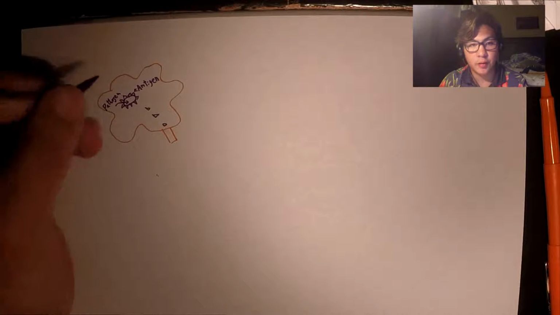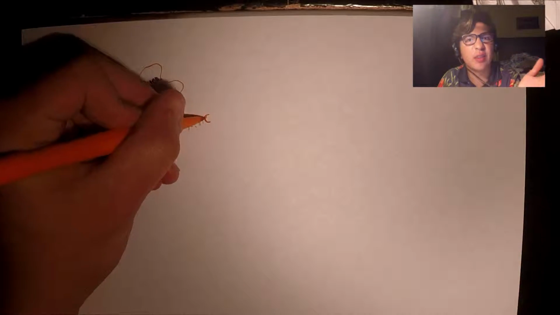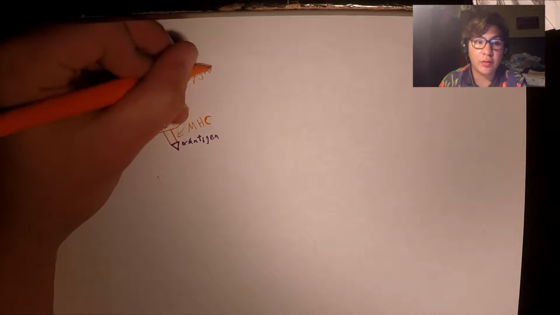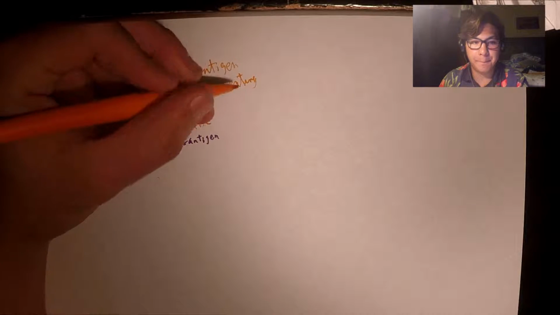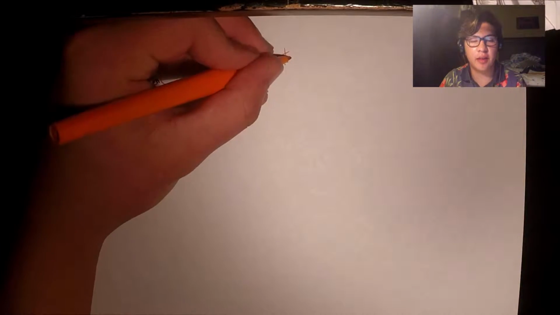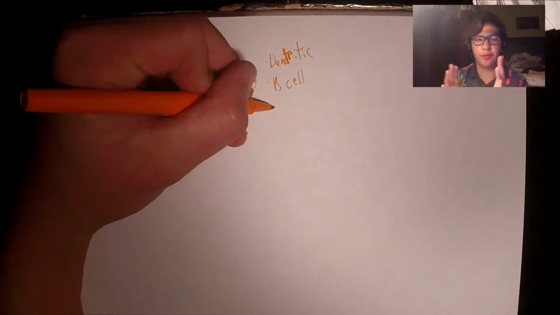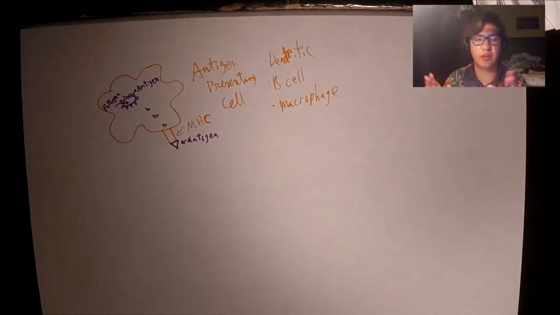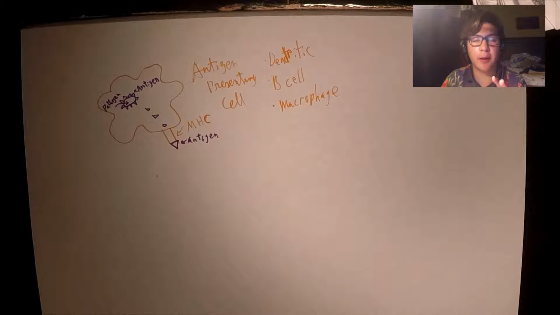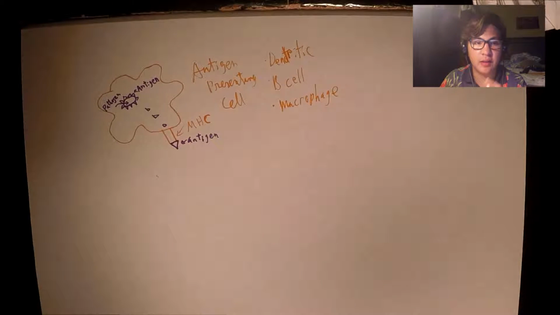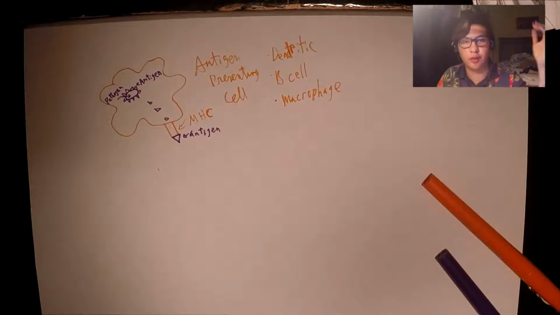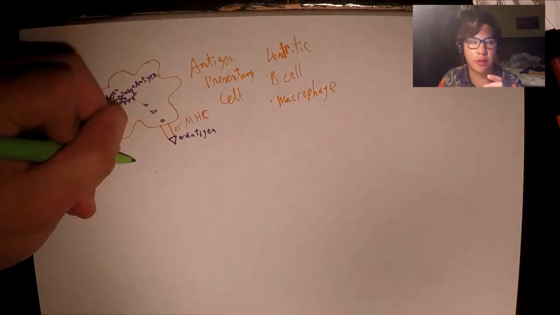They rise up to the outside of the antigen-presenting cell, and as a result, the MHC becomes like a carrier, or a presenter, for the antigen. Once it's there, T helper cells will start coming through and trying to bind with it.